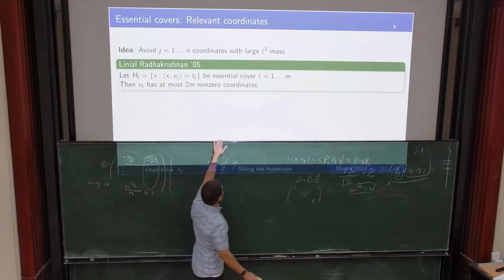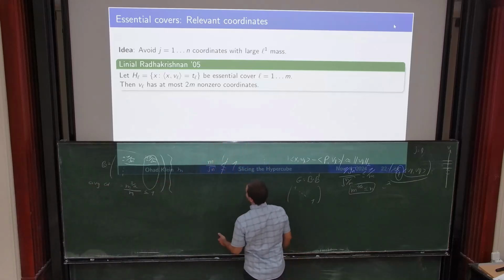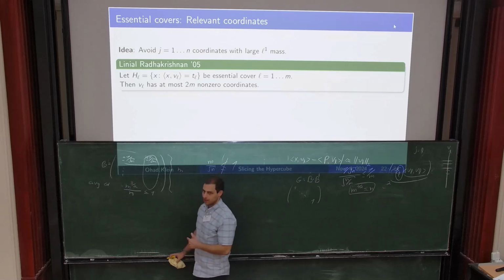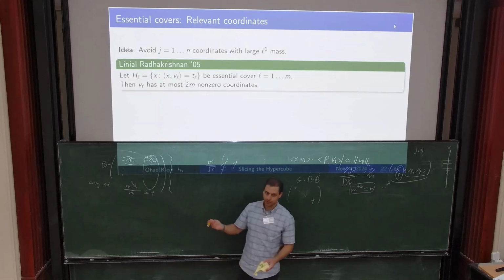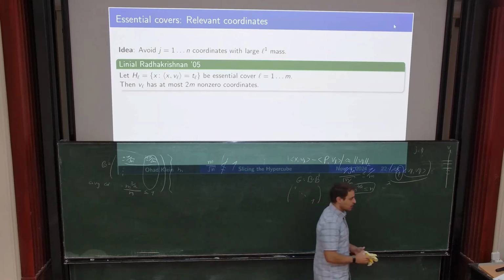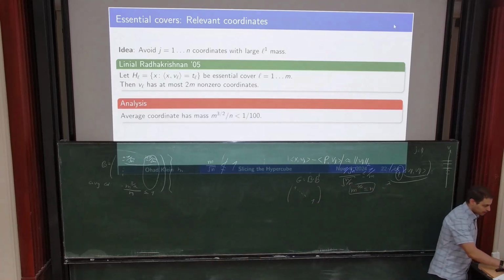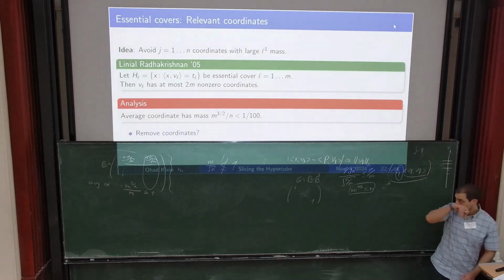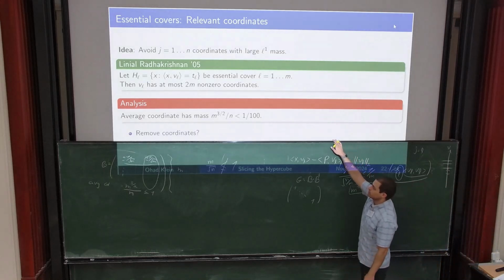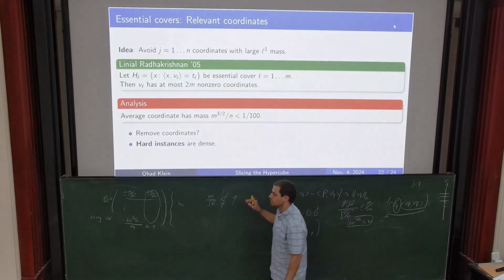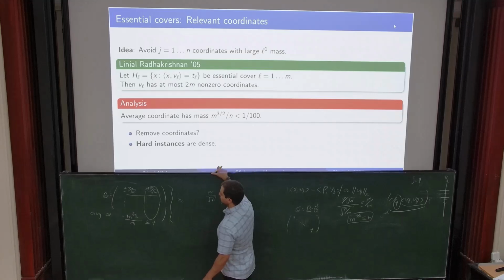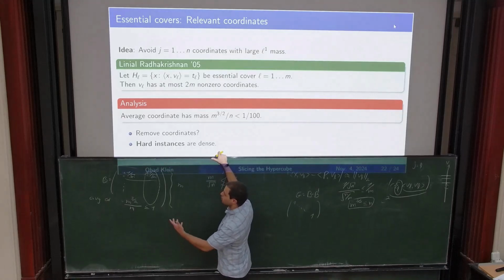That's the idea. Now, actually, we need all columns to be good. It's not sufficient that an average column is good. And for that, Sorman and Xu show how to remove coordinates. That is, there are bad coordinates which have large L1 norm.